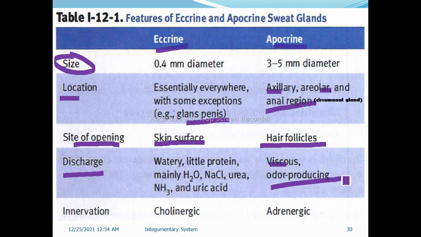So this one is mostly odorless, but this one is odorful, especially in the axillary region, where most people have odor because of this sweating. As for innervation, this is cholinergic, whereas this is adrenergic. So this is the main underlying difference between the merocrine or eccrine gland and the apocrine gland.